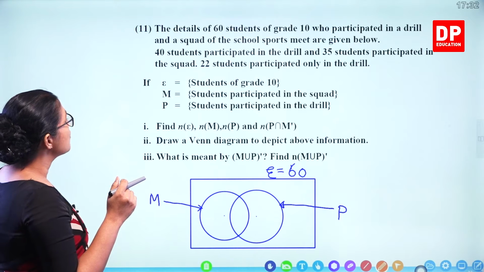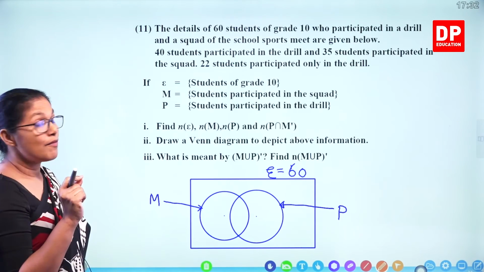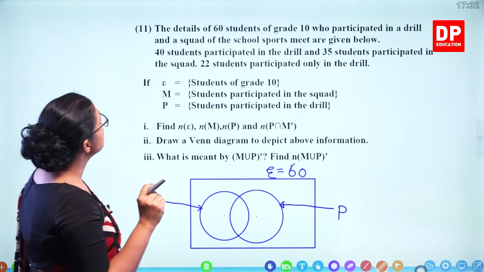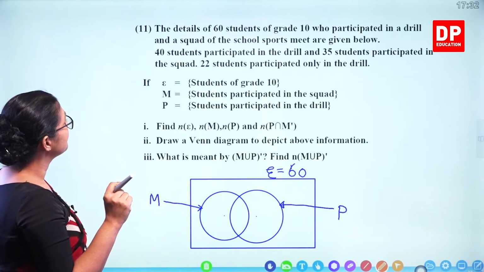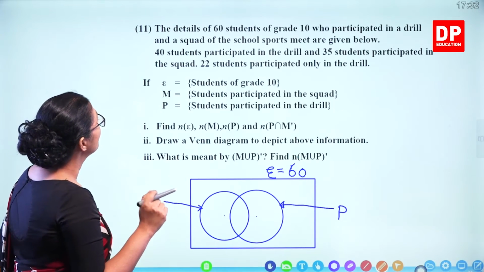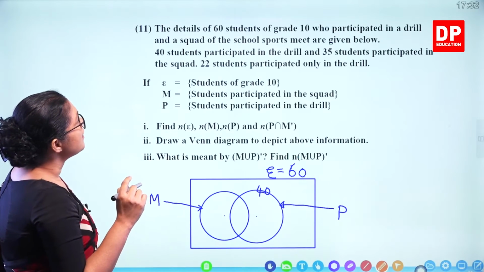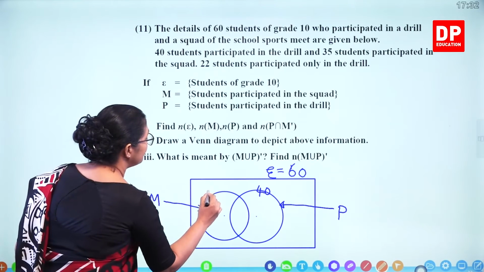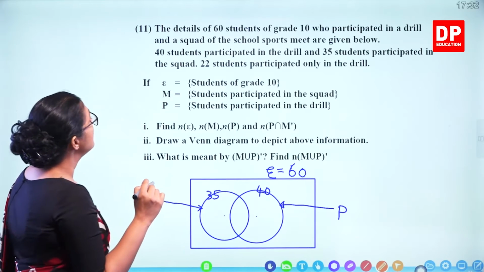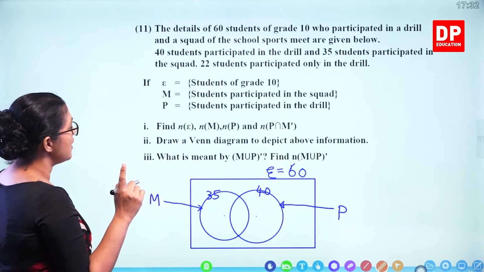Students participated in the squad and students participated in the drill. So we'll find out the numbers. It says 40 students participated in the drill. So this is 40. And 35 students participated in the squad. That's 35. 22 students participated only in the drill.